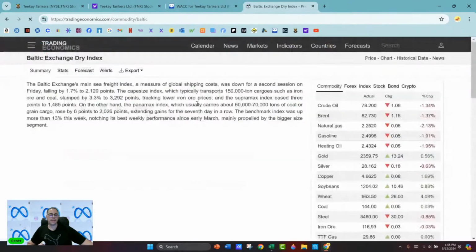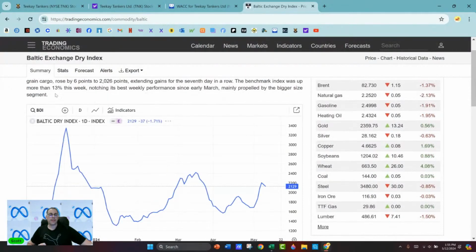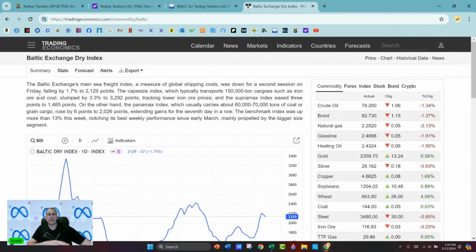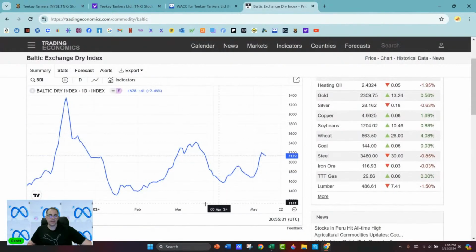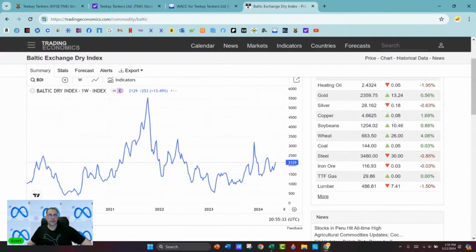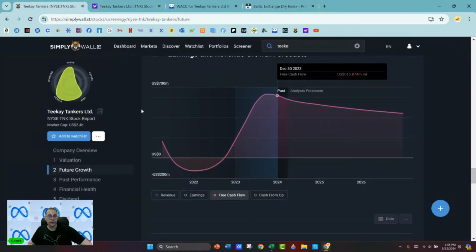The Baltic Dry Index is the price for a number of routes to move cargo. And you could see in 2021, when Zim came out, it was making so much money because rates were so high. Then Zim crashed like every other shipping stock, or struggled. It did come up in the beginning of 2024, but now it's coming back down. So it's hard to predict these things.